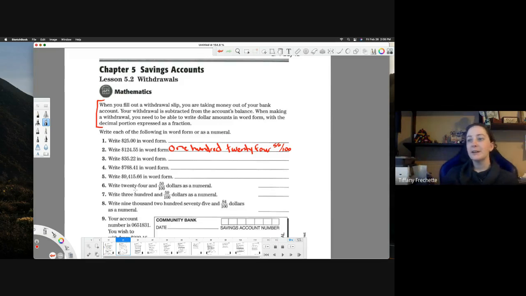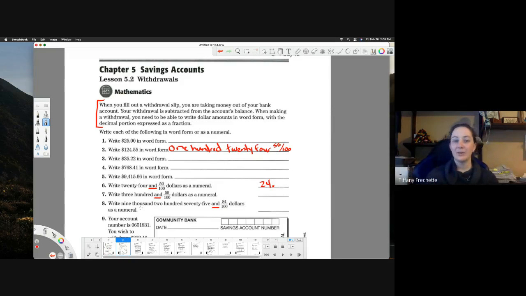Down here, same idea, write 24 and 50 hundredths dollars as a numeral. So we literally write 24, because they told us 24. And the word and tells you right away in math that it is a decimal. So that's why and is important. That's the only time you're supposed to use and. It's one of those math pet peeves I've noticed.